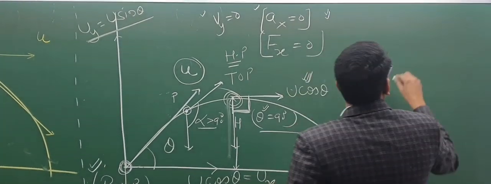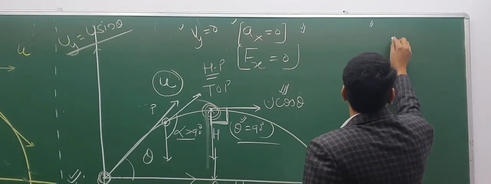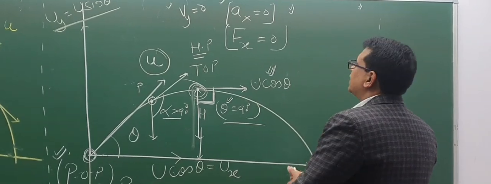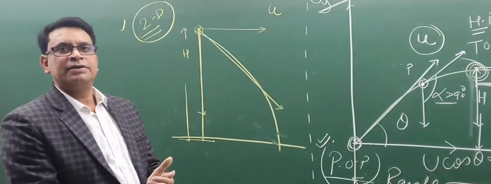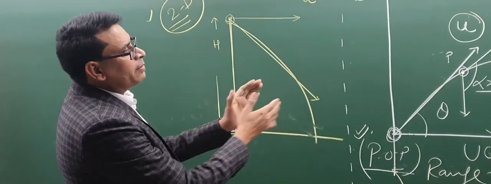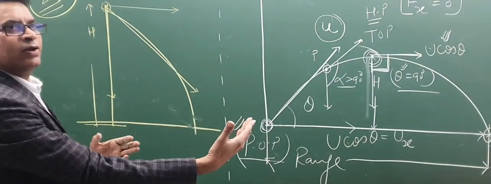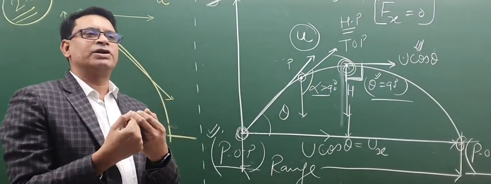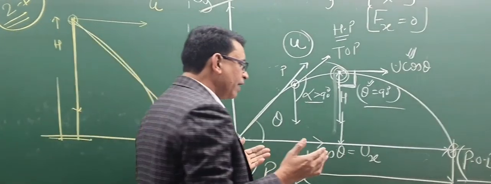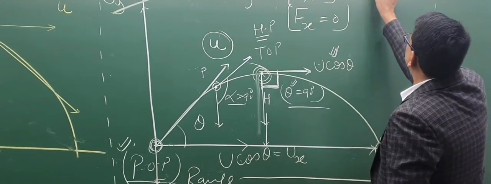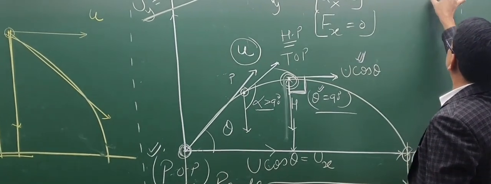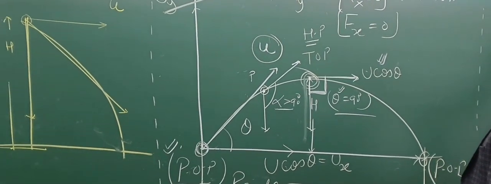Now we can move further to find the equation of trajectory, because we are seeing here that there are two dimensions. One motion is along x and another motion is along y. So we have to discuss separate dimensions, x and y direction.